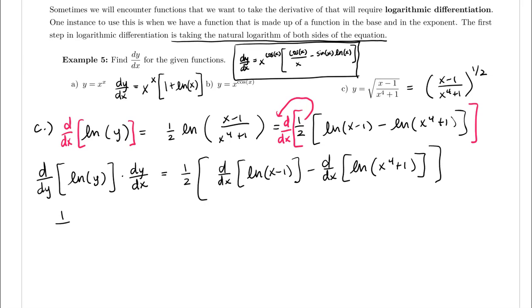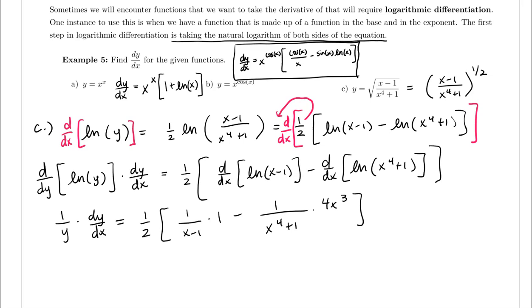And here we have 1 over y times dy dx is equal to 1/2 times the derivative of the natural log of something is 1 over something times the derivative of something, but the derivative of x minus 1 is 1, minus 1 over something times the derivative of something, which in this case would be 4x cubed.